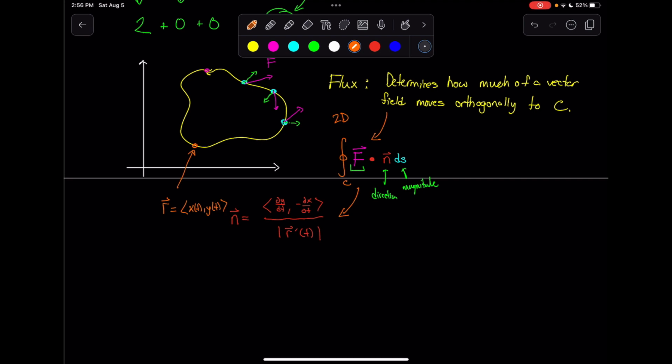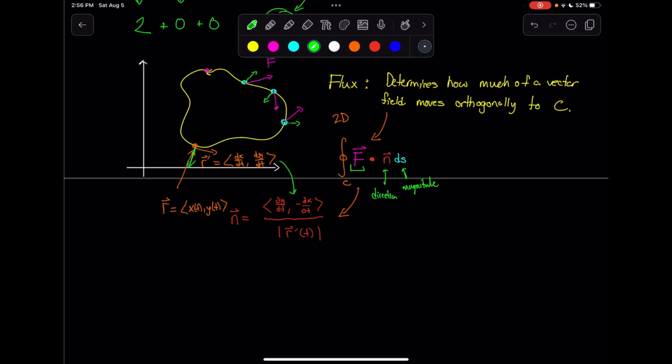Then if we're talking about coming up with a normal vector, we need the slope, which is the derivative. You remember that r prime does this: r prime is going to give us dx/dt, dy/dt, like so. But to get the perpendicular slope, it's like the negative reciprocal. The negative reciprocal gives us this green vector here.